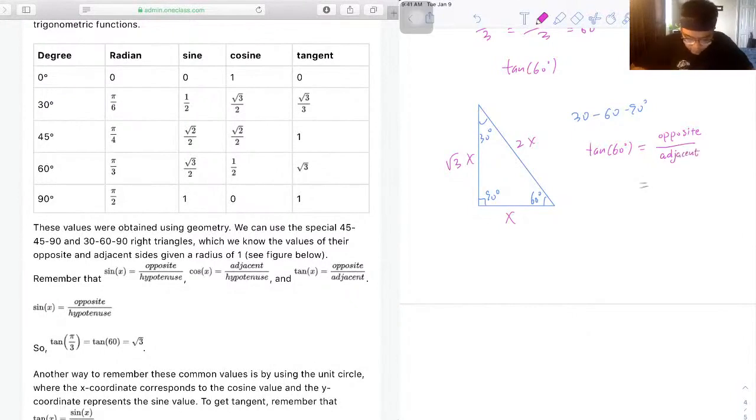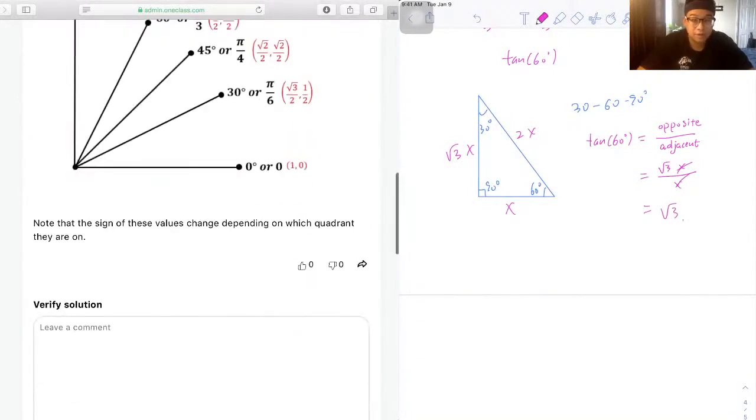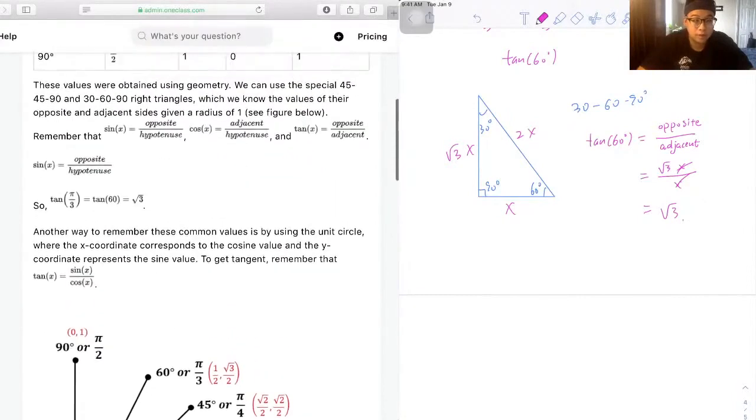Right. So our opposite will be root 3x, and our adjacent will be x. Okay. Therefore, we cancel out the x, so we only have root 3 left, which is our exact answer for tangent 60.